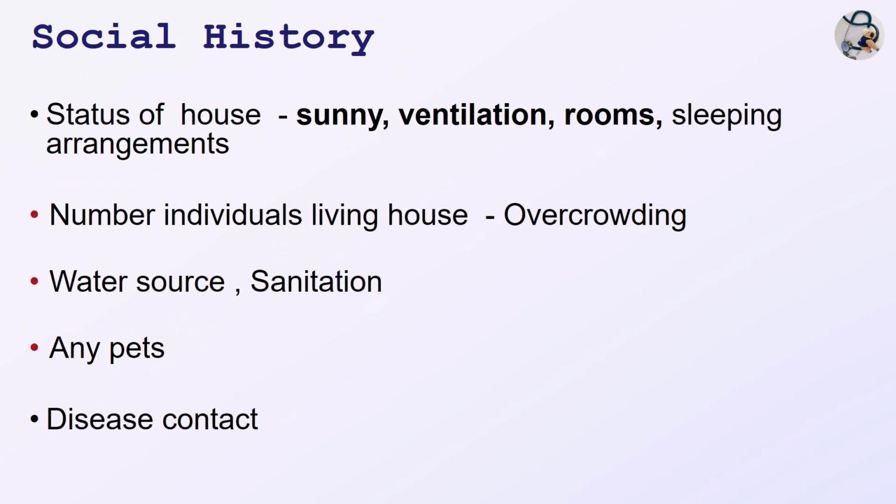Lastly comes the socioeconomic status. Here you talk about the status of the house, whether it has sunny, ventilated rooms or not, sleeping arrangement, whether there is any overcrowding, depending upon the number of individuals living in a certain space of the house, you work out the overcrowding also. Water source, sanitation, any pets in the house, and any disease contact is important.